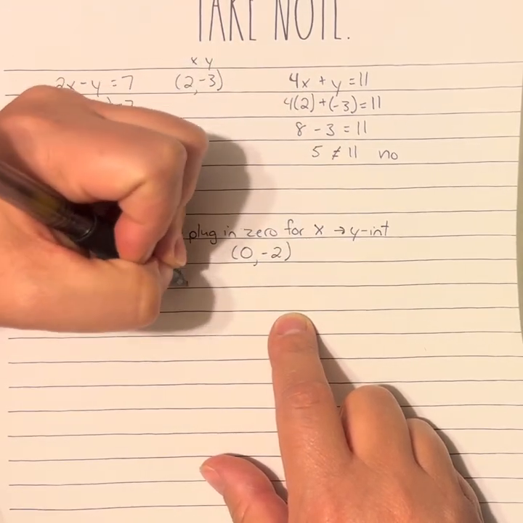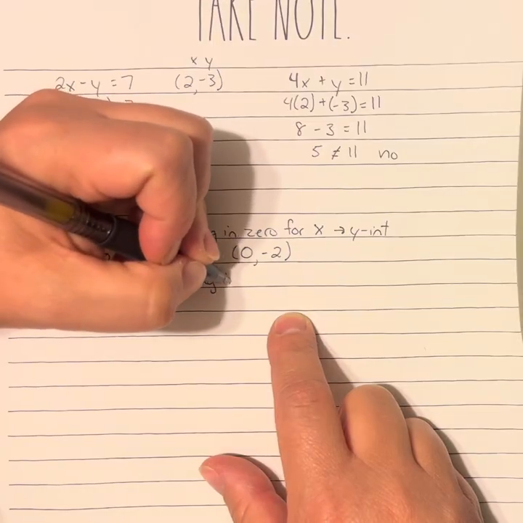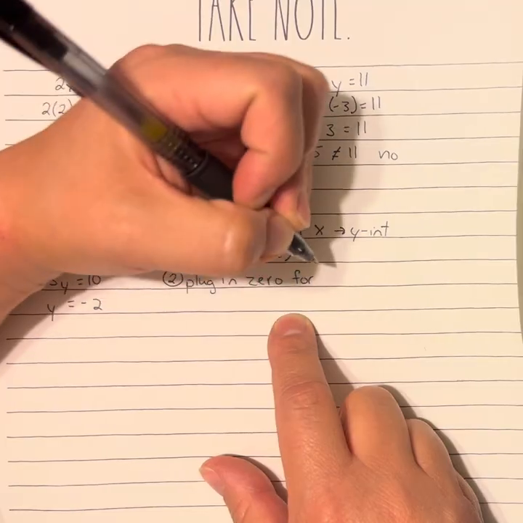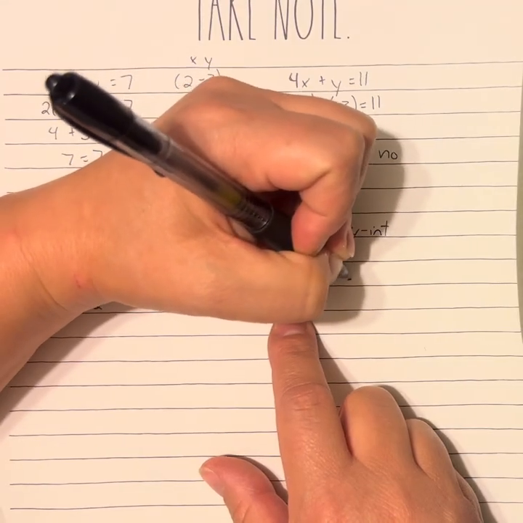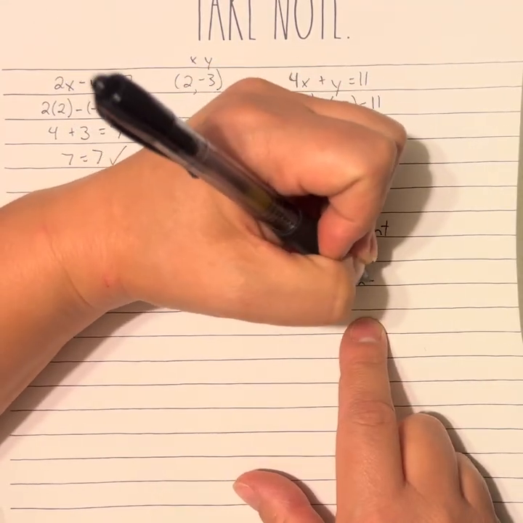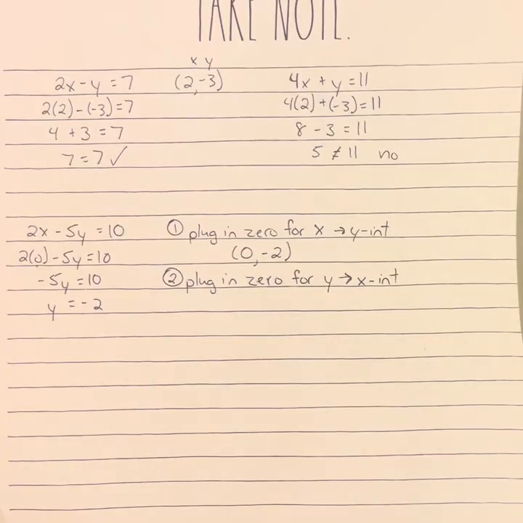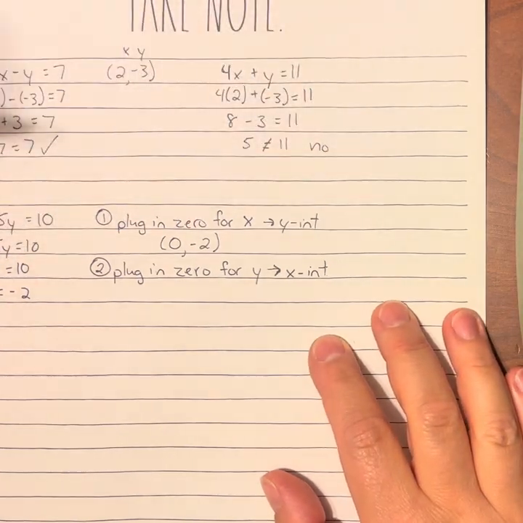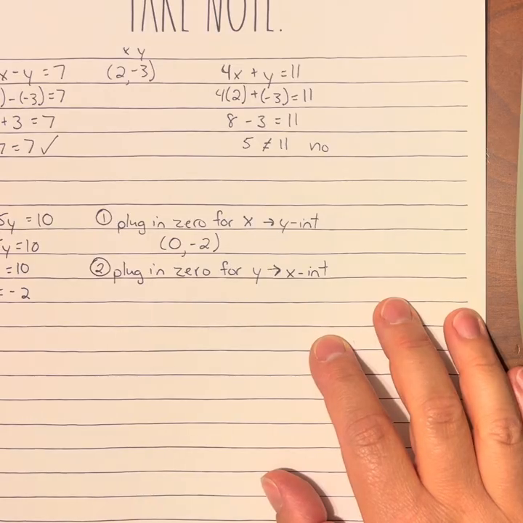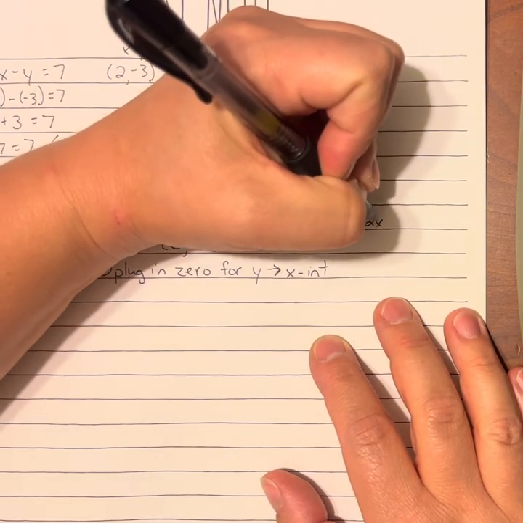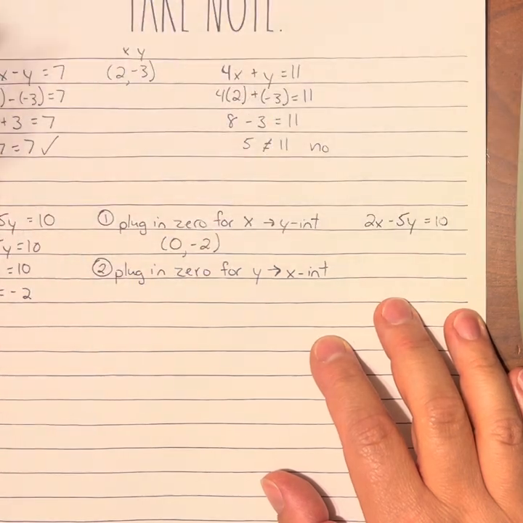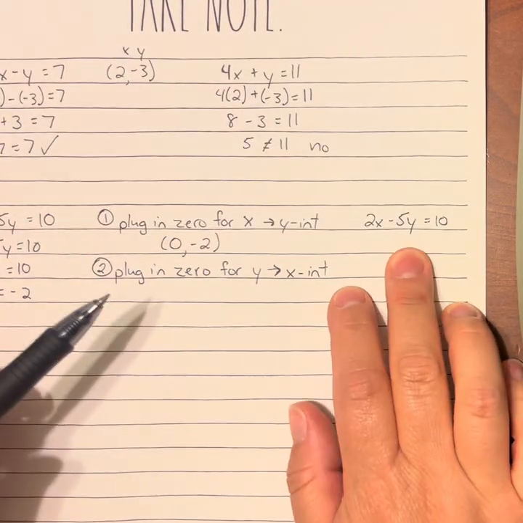Step 2, we're going to plug in 0 for y. That's going to give us our x-intercept. All right, so same equation to start with. 2x minus 5y equals 10, but this time we're plugging 0 in for the y.